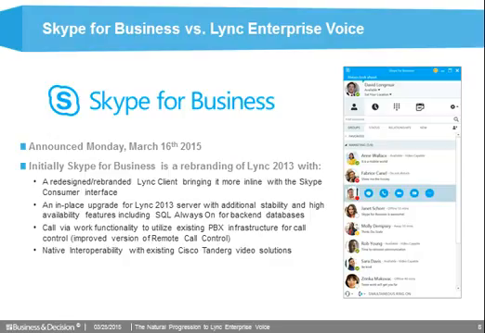And then one of the big features that they've added to Skype for Business: Skype is very much known as a video calling mechanism, and in the past year they've linked to Skype video capabilities.